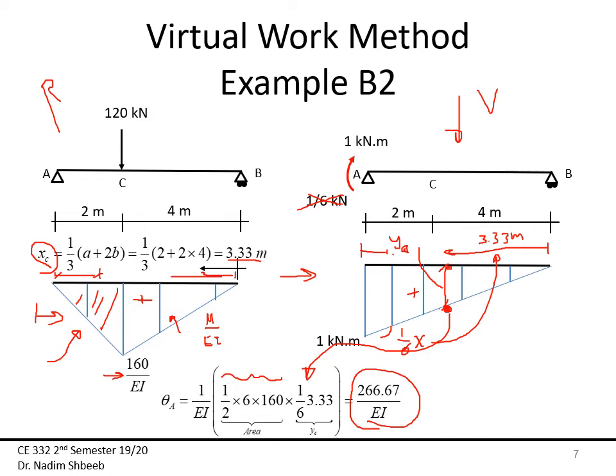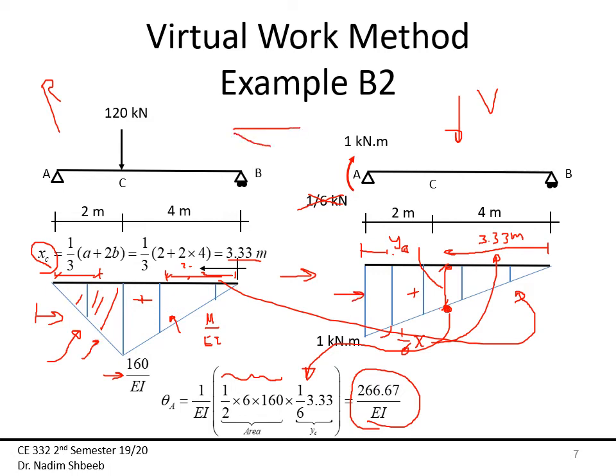Again, you move the 2/3 from this, and then you take this value and find it from here, if you're not comfortable using the centroid for this triangle. This method works if you have a triangle like this and a triangle like that.